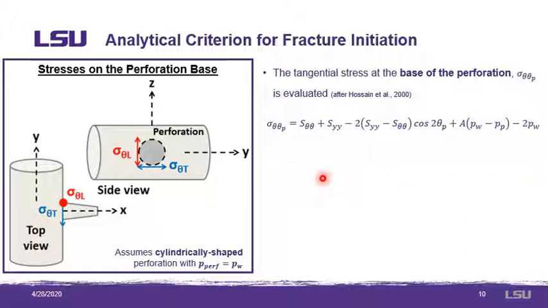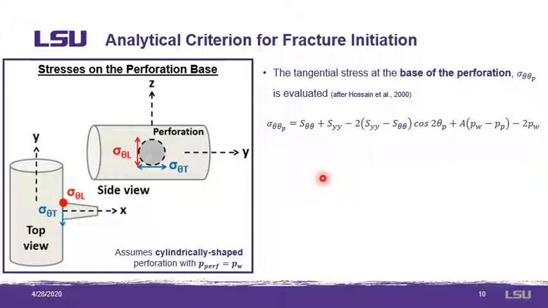Now, Hossain in 2000 had the idea that if we use the values of the stresses on the wellbore radius, we can do a second Kirsch analysis, this time not for the cylindrical wellbore, but for a smaller, also cylindrical perforation intersecting the wellbore, pressurized at the same pressure as the wellbore.